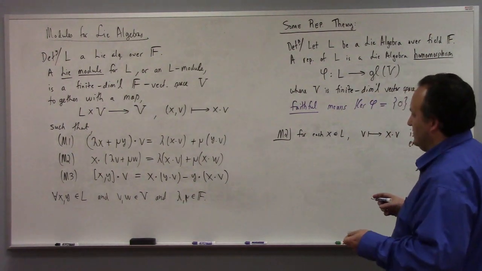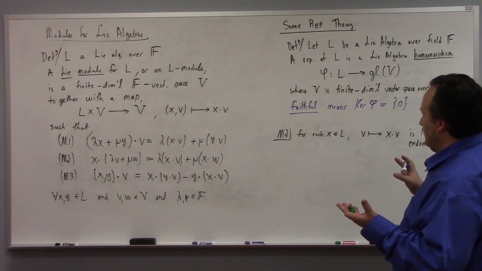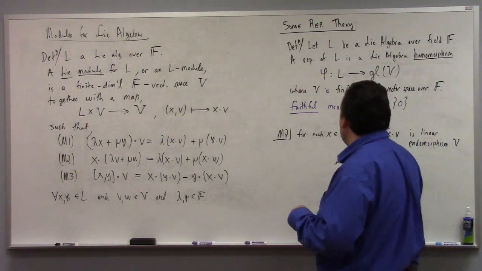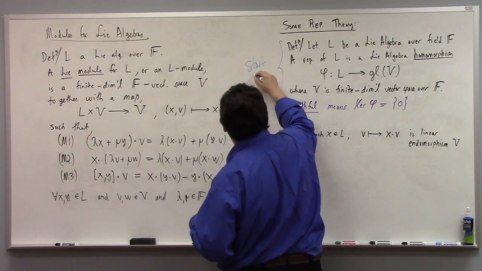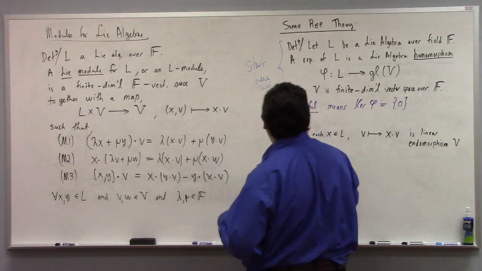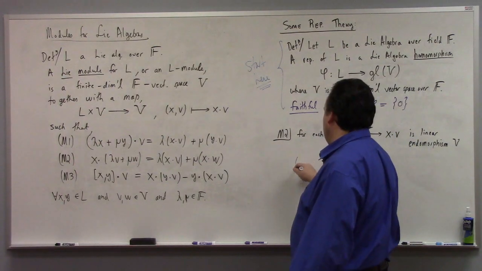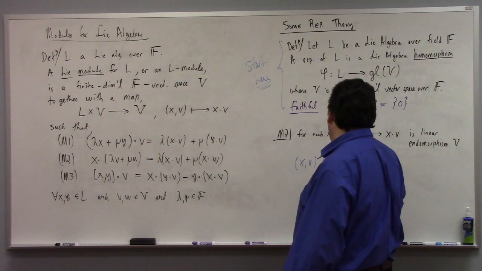It's pretty much inescapable if you start with one and try to get the other. So let's assume we have a representation. Suppose, start here. Now I want to define (x, v) maps to x dot v.